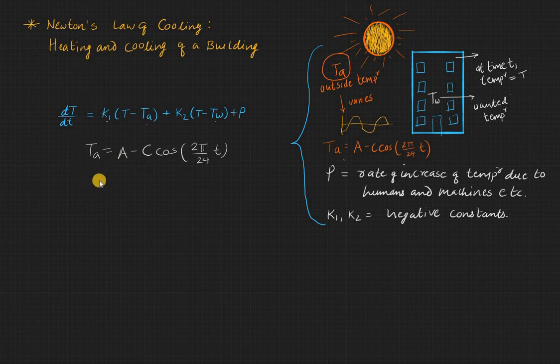So first of all, we can simplify our ordinary differential equation so that we can bring all the constants together and replace those constants with some coefficients. So let's do that.